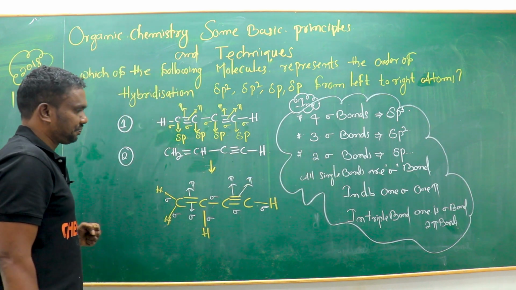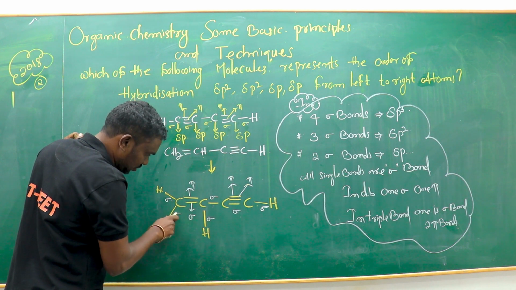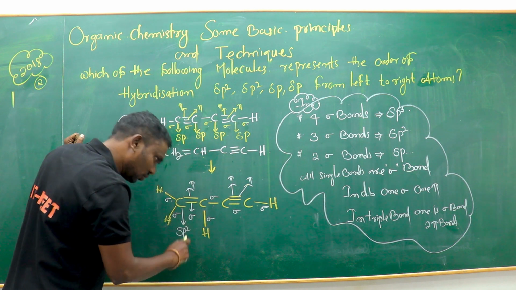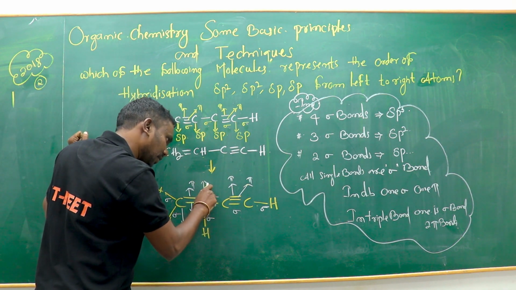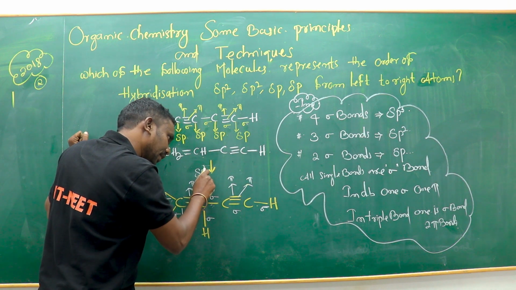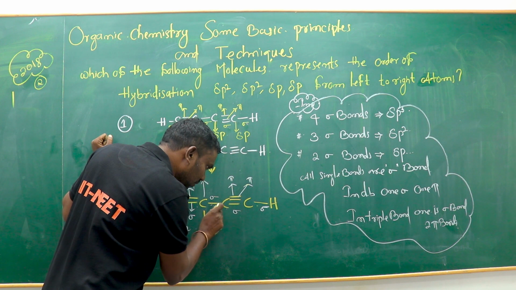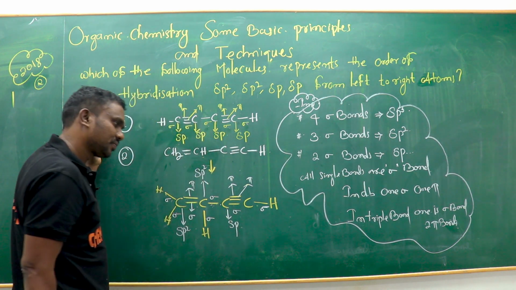Chal. Now, see sir, 1, 2, 3, 3 sigma bonds. 3 sigma bonds means what, sir? sp2 hybridization. Sir, what about here, sir? 1, 2, 3. What is the hybridization, sir? sp2 hybridization, sir. Sir, this carbon, see, sir. 1, 2. 2 sigma bonds, beta ji, 2 sigma bonds. sp.